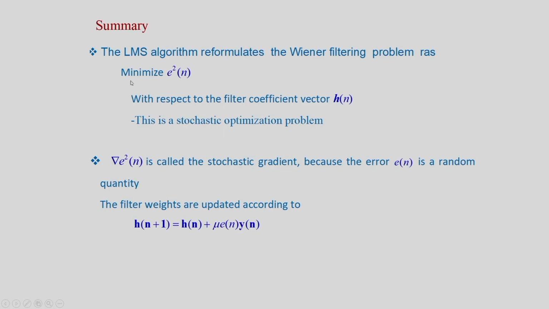Let us summarize the lecture. The LMS algorithm reformulates the Wiener filtering problem as minimize e square of n, instead of E of e square of n. It is minimize e square of n with respect to the filter coefficient vector h of n. So, this is a stochastic optimization problem.